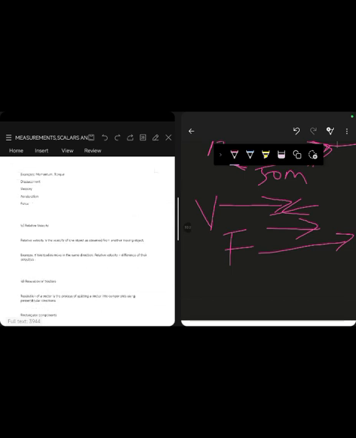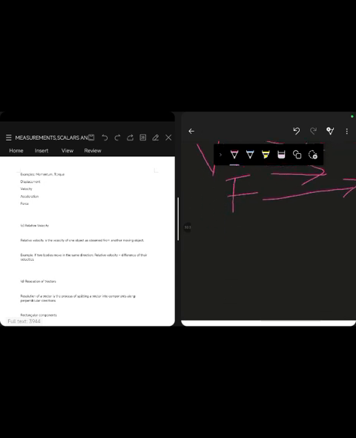Now, the next thing is relative velocity. Relative velocity is the velocity of one object as observed from another moving object. Let's look at this. If I am moving from left to right at a speed of 3 meters per second, and you too are moving from left to right at a speed of 3 meters per second, relative to me, you are not moving because we are moving in the same direction and at the same speed.